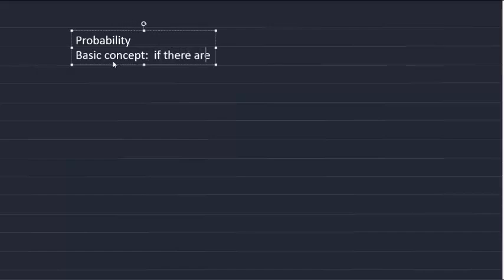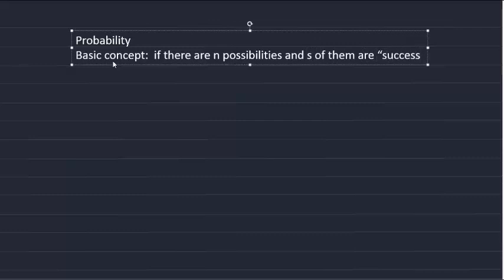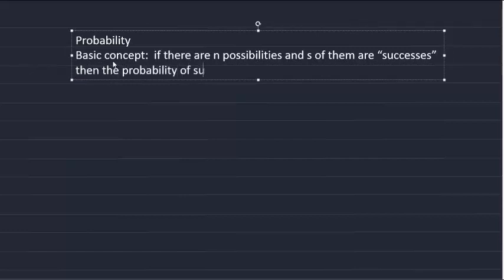Let's now look at probability. So the basic concept is that if there are n possibilities and s of them are successes, they have some property that makes them a success, then the probability of success is what?